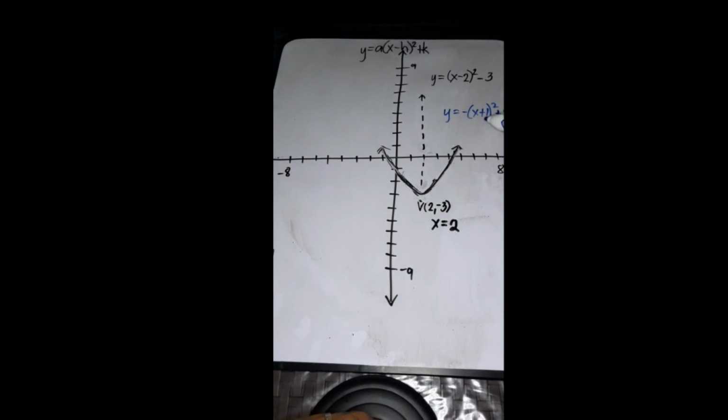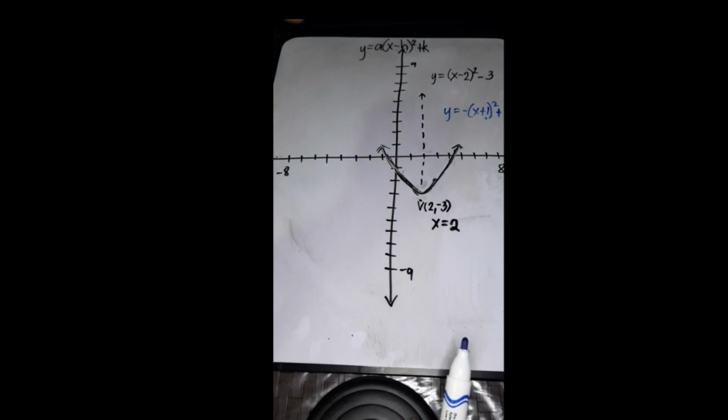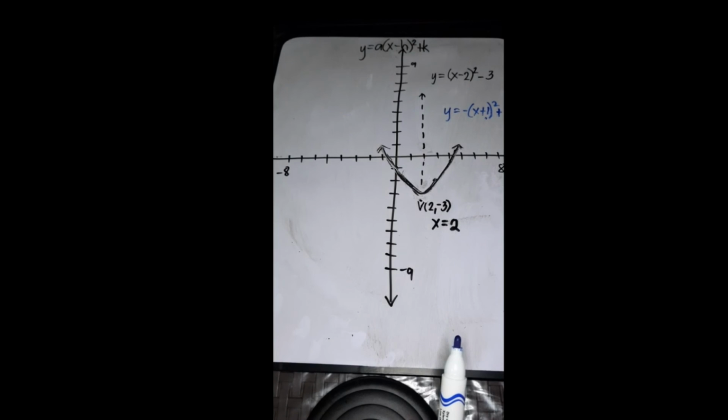Bakit siya positive dyan? Kasi, if h is negative, take note that the original equation is x minus h. So, minus. So, negative times an h which is negative, that is equal to positive.